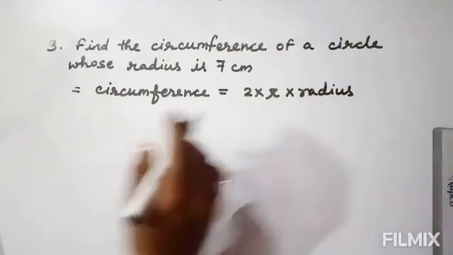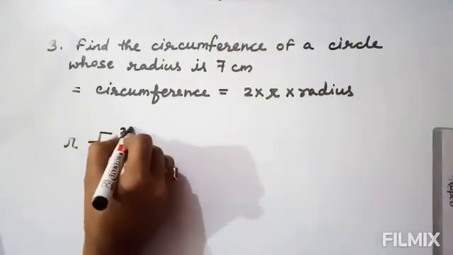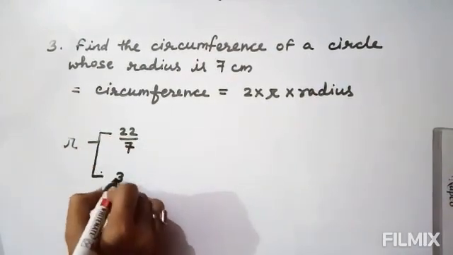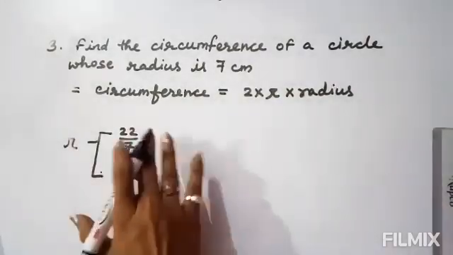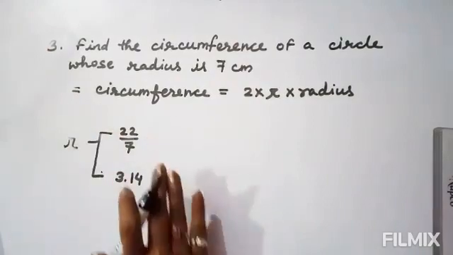One thing you have to understand, the value of pi is 22 upon 7 or 3.14. Both values of pi are correct and that will never change.